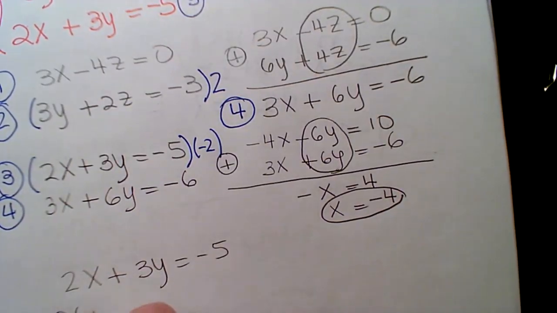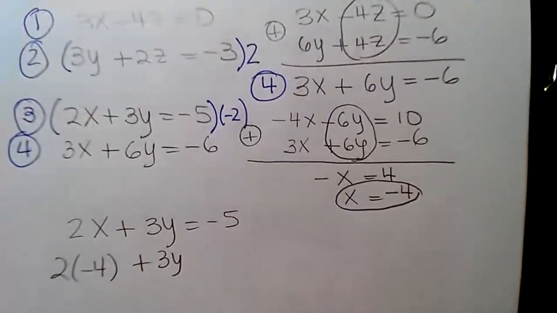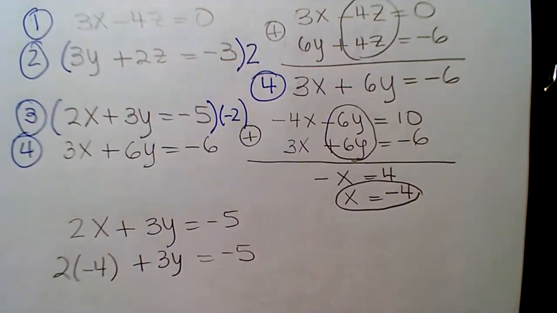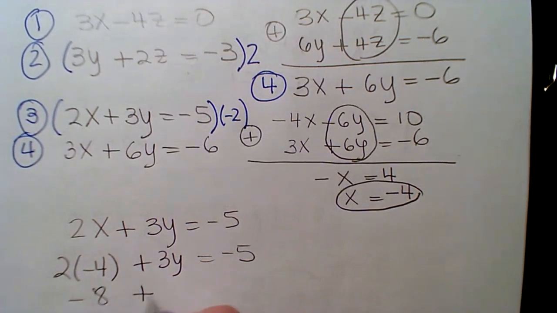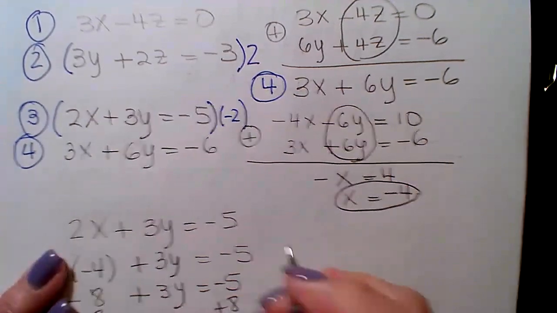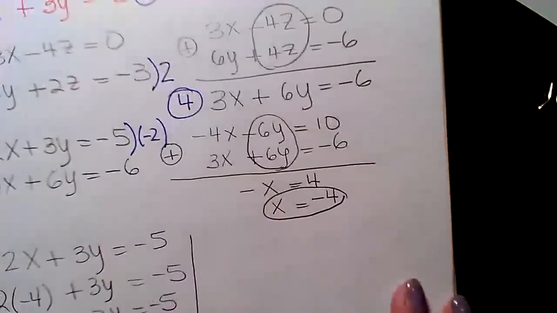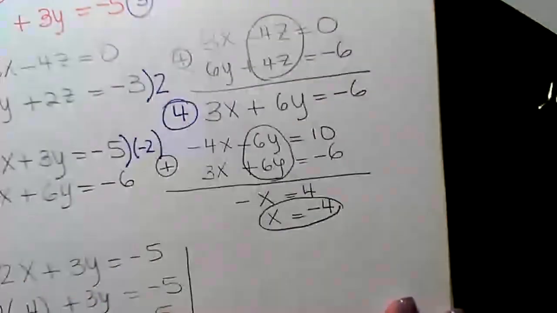So it's going to be negative 4 plus 3y equals negative 5. So this is negative 8 plus 3y, and this is plus 8 and plus 8. That's going to be 3, right? y equals 1. So I'm getting a 1 there. And now I have the x and the y.